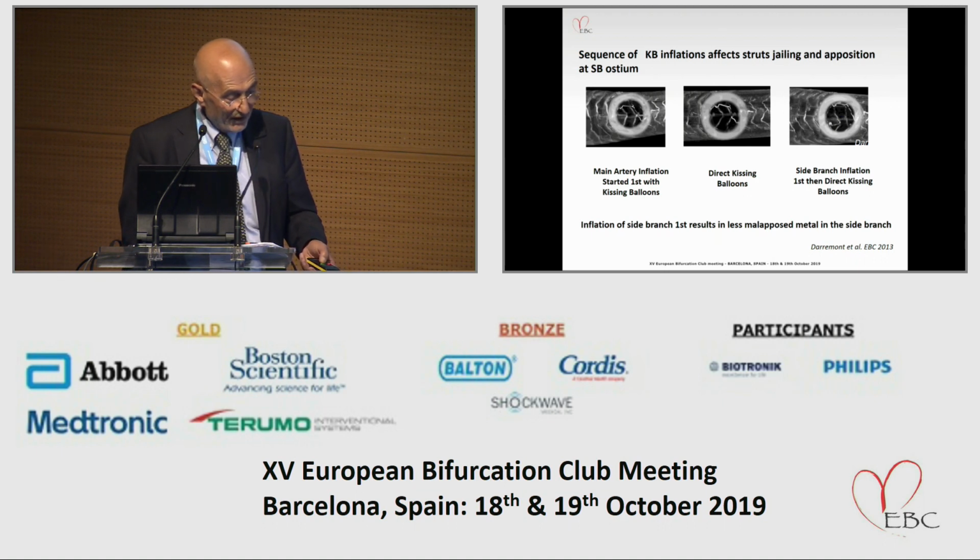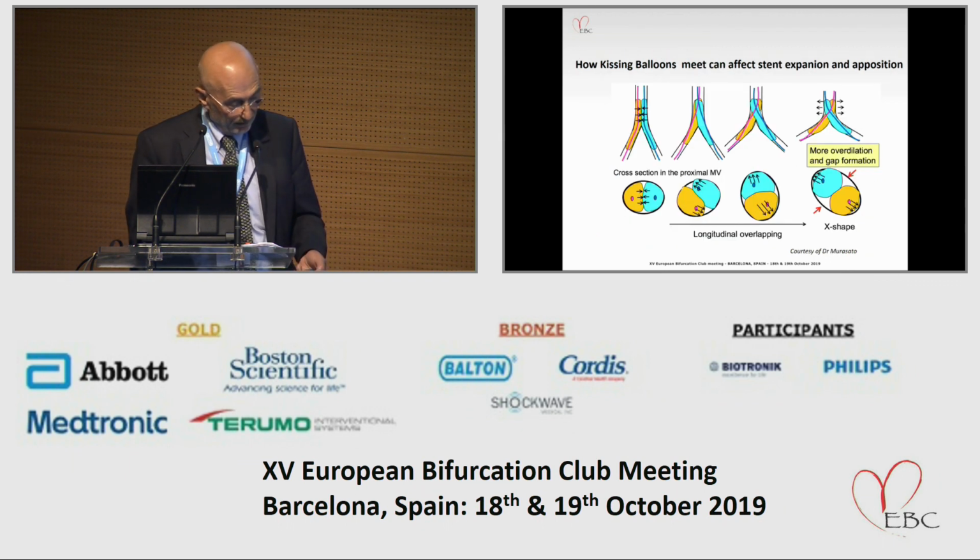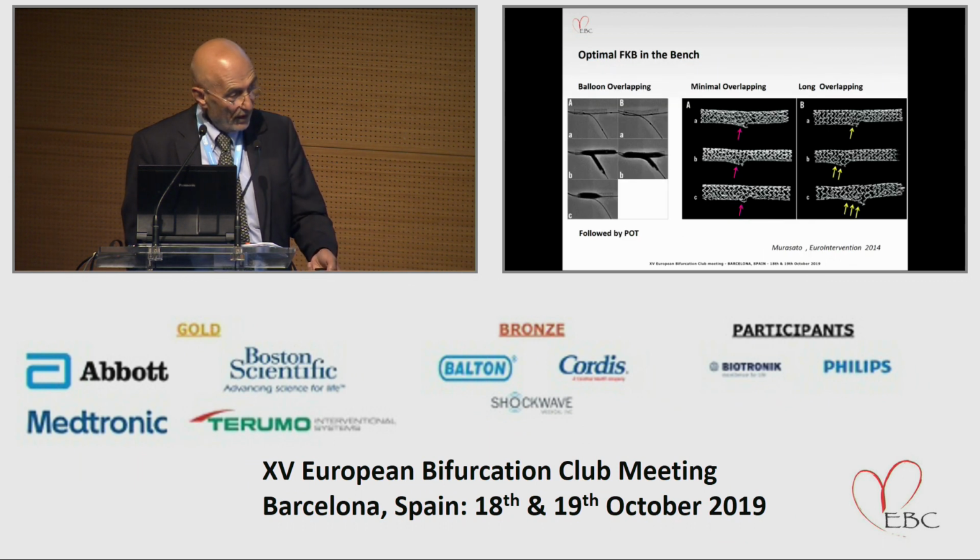And the other thing is that sequential inflation might also affect the quality of the kissing balloon or the removal of the struts from the side branch front, that means starting from left main, or starting from side branch, or both together. Optimization of kissing balloon has been described and recognized by all of us.